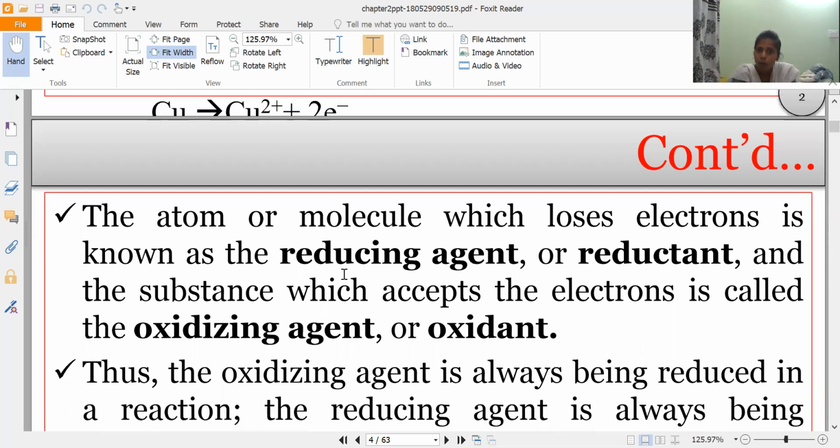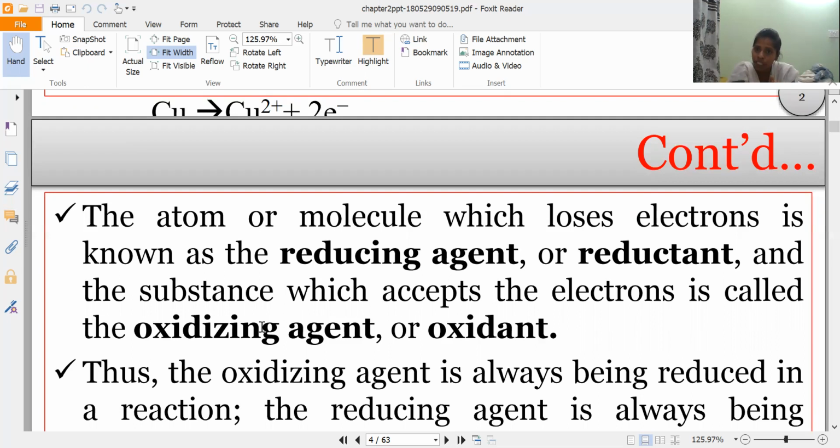The atom or molecule which loses electrons is known as a reducing agent or reductant, and the substance which gains the electron is called the oxidizing agent. Whatever substance is losing electrons, that process is called oxidation, but the agent is called the reducing agent. Whatever substance is gaining electrons undergoes reduction, and it is called the oxidizing agent.